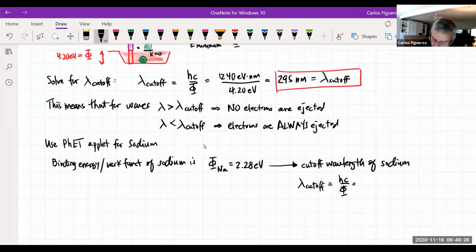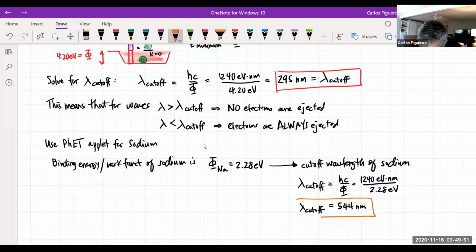If I plug in my values, I get 240 electron volts nanometer divided by 2.28 electron volts. If you compute this, you're going to see that this is 544 nanometers. And that's the cutoff. So we have a value now that we can actually use.